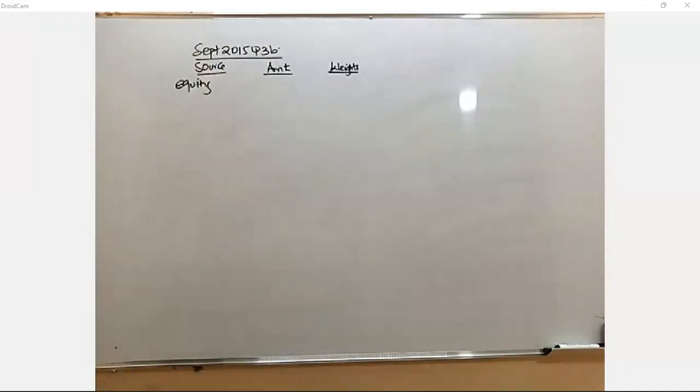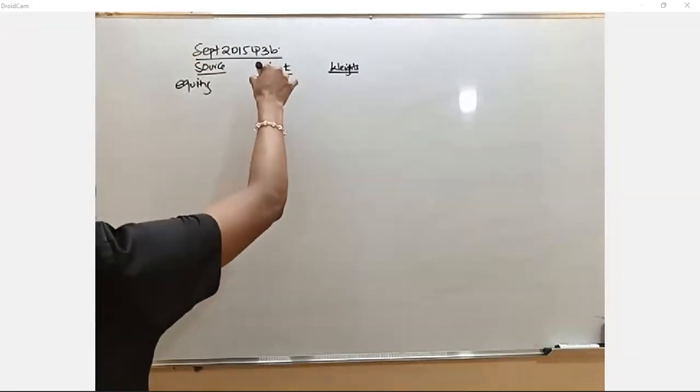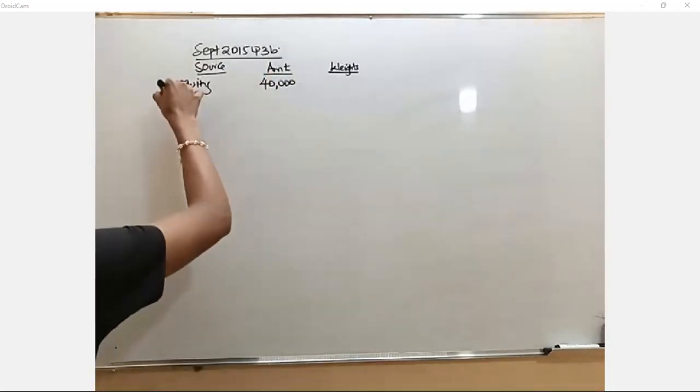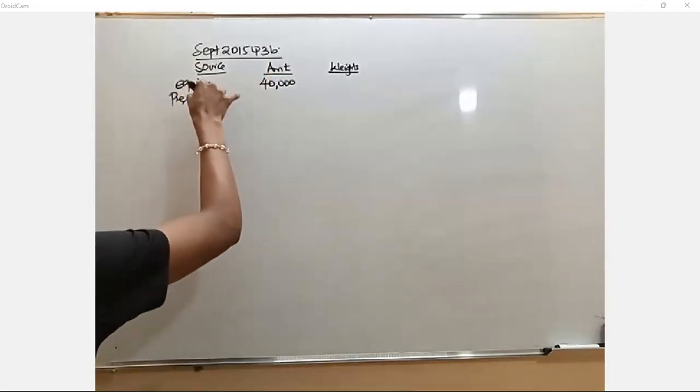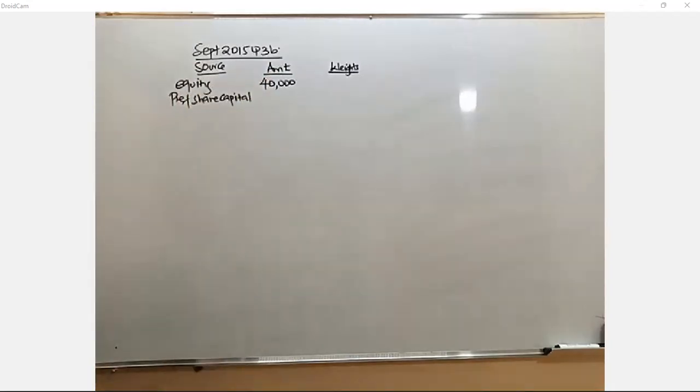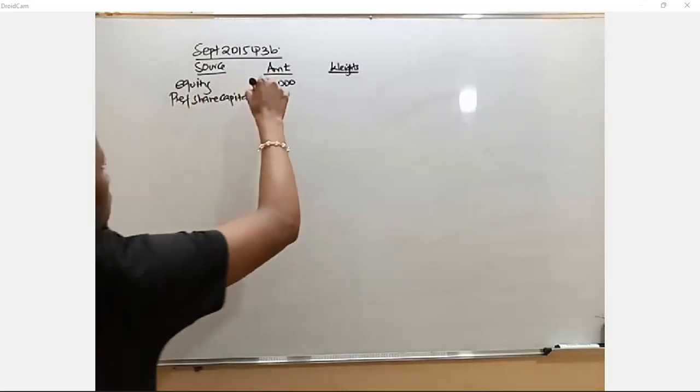What is the total amount for our equity? I can see we have the ordinary share and the retained earnings totaling to 40,000. Let us look at the preference share capital. How much is our preference share capital as per the information provided? I can see we have around 30,000.